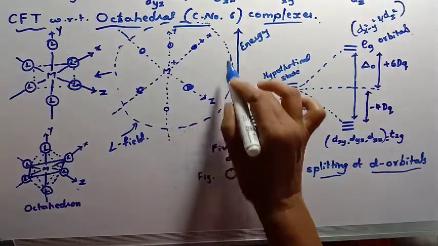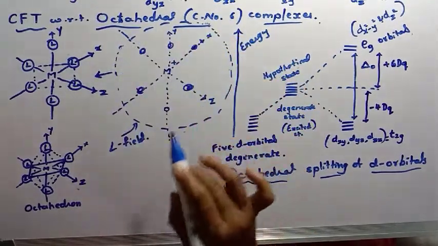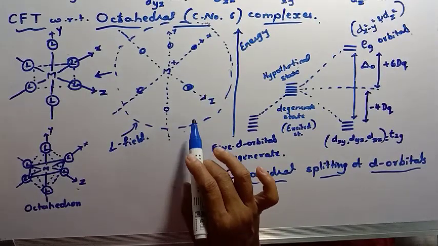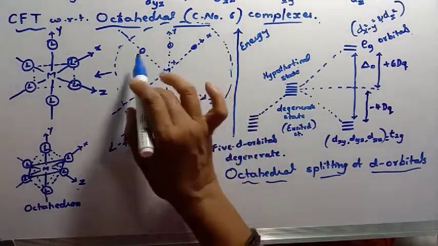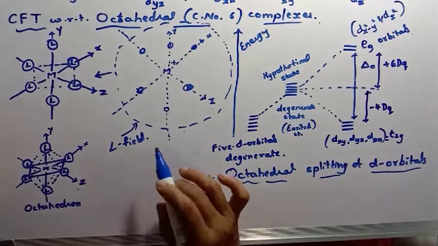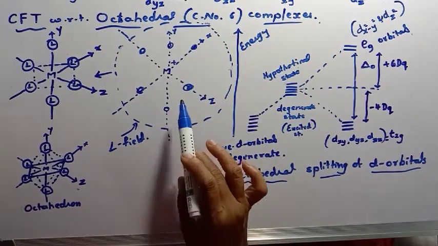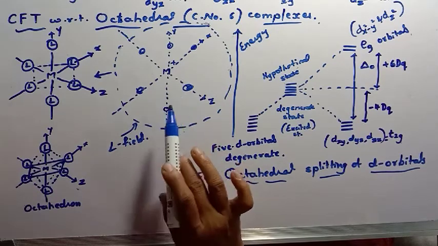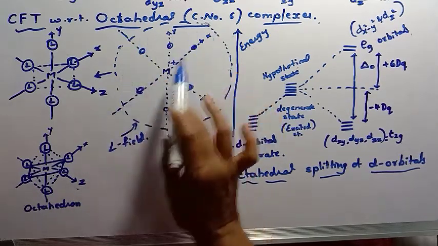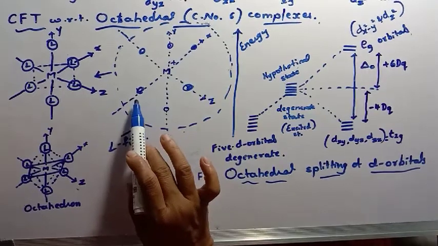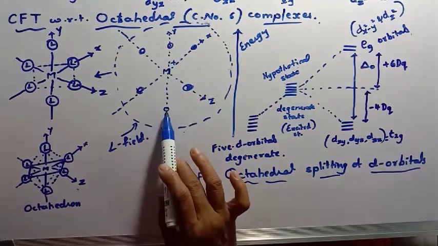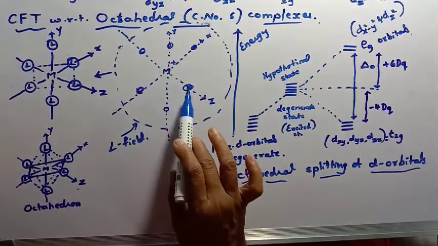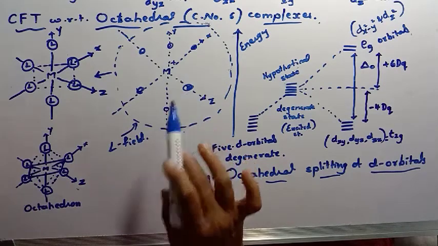The sphere is no more in the form of a sphere, but the ligands are concentrating at particular positions. Two of them are approaching along the x-axis, two along the y-axis, and the other two along the z-axis.